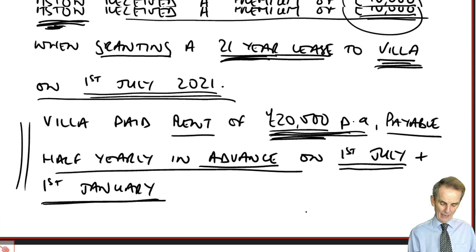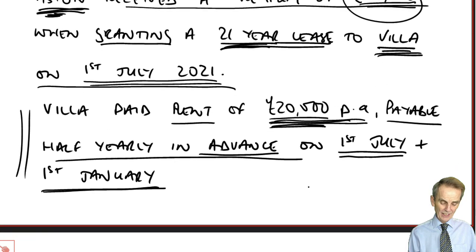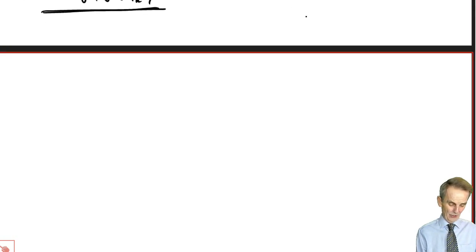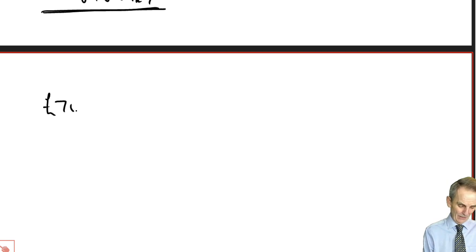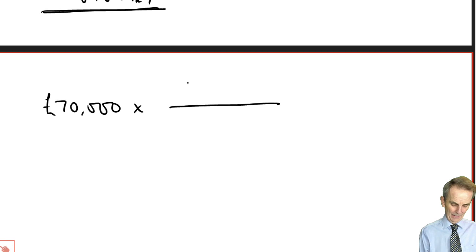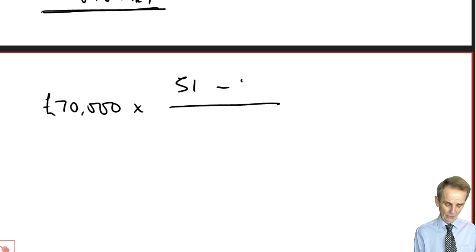How much was the premium again? The premium received was £70,000. So the premium received, 70,000, multiplied by, then our equation to remember, 51 minus n, the number of years of the lease, well, it was a 21-year lease, over 50.